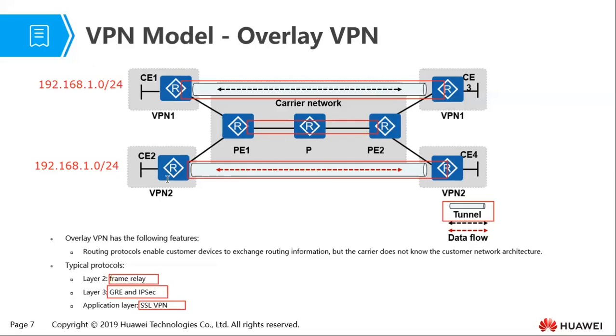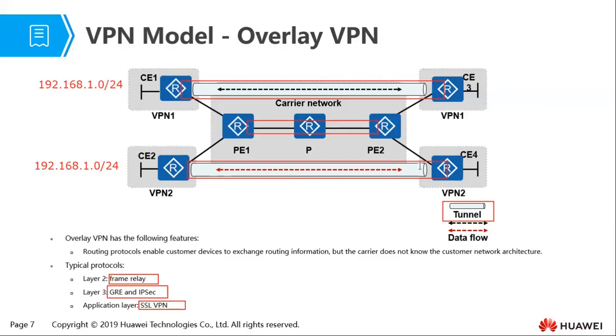The main disadvantage of creating an overlay VPN between CE devices is that the VPN is static, meaning it cannot reflect network changes in real time. So in case a problem occurs within the carrier network with one of the routers along the path of the VPN, you have to manually set up the connection.